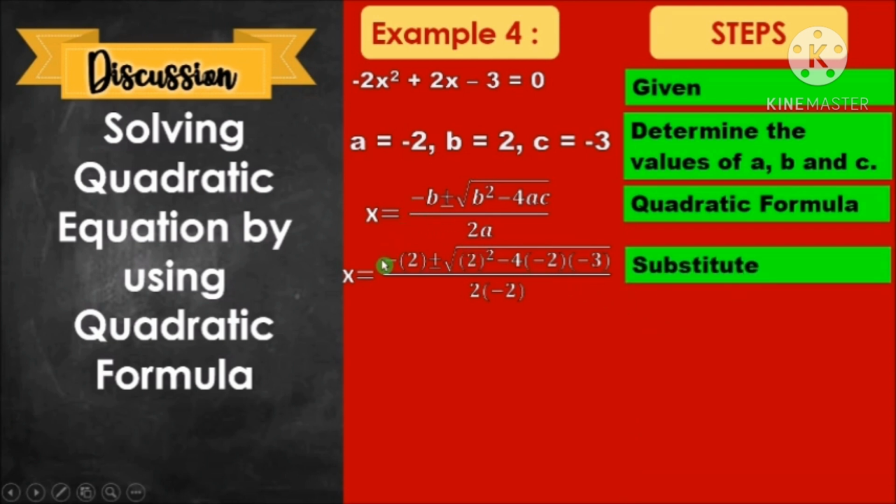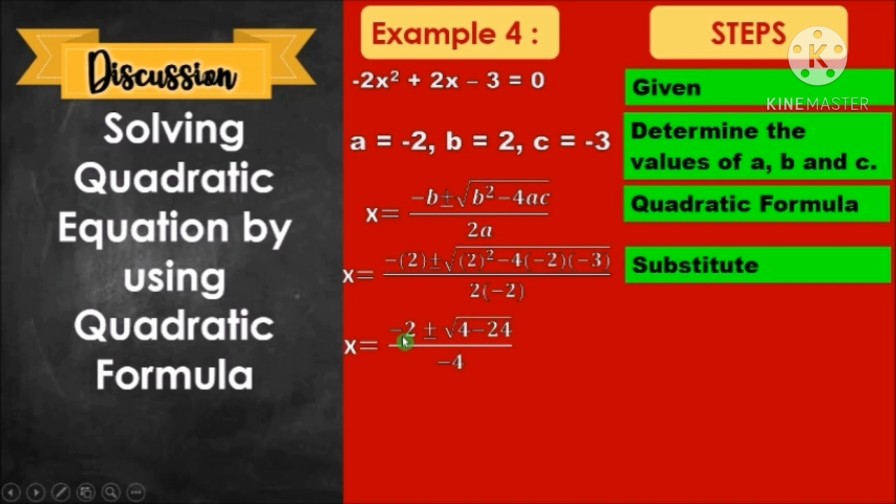So negative, copy, the value of B is 2, plus minus square root of the value of B again is 2 quantity square minus 4 times the value of A, which is negative 2, value of C, which is negative 3, all over 2 times A, which is negative 2. Then we simplify.